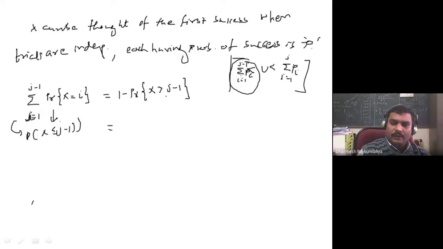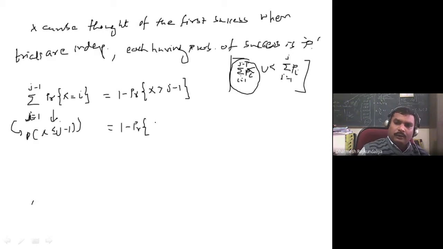So when x is greater than j minus 1, it means you can continue with the trials in a geometric distribution, where the last trial must be the success. As soon as you receive the success, your job of geometric trials is over.